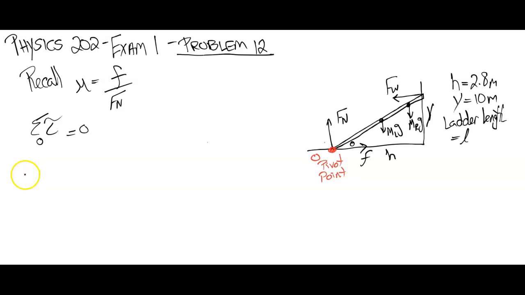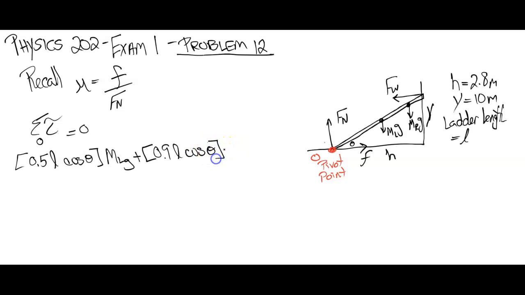And the first one we see is the weight at halfway up the ladder, so that's 0.5 L cosine theta times the mass of the ladder times g. And then we have another counterclockwise torque from Romeo, which is 0.9 of the length of the ladder times mass of Romeo times g.